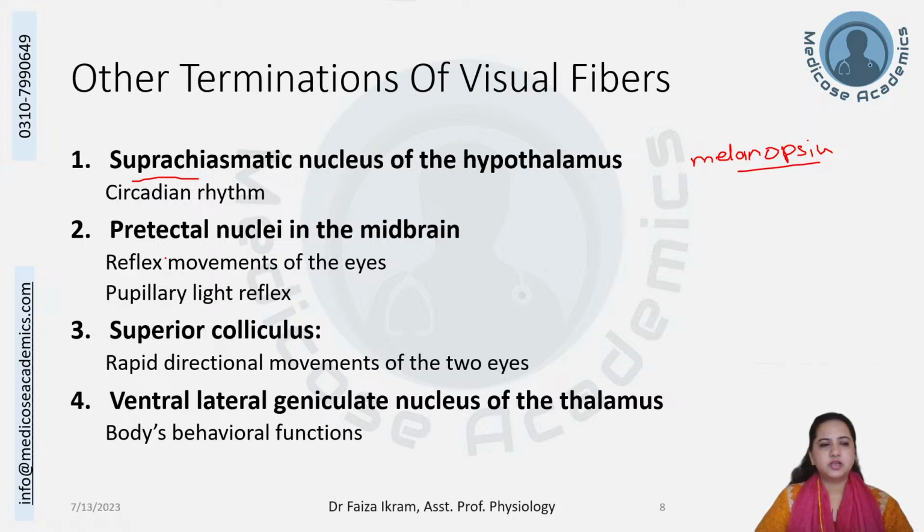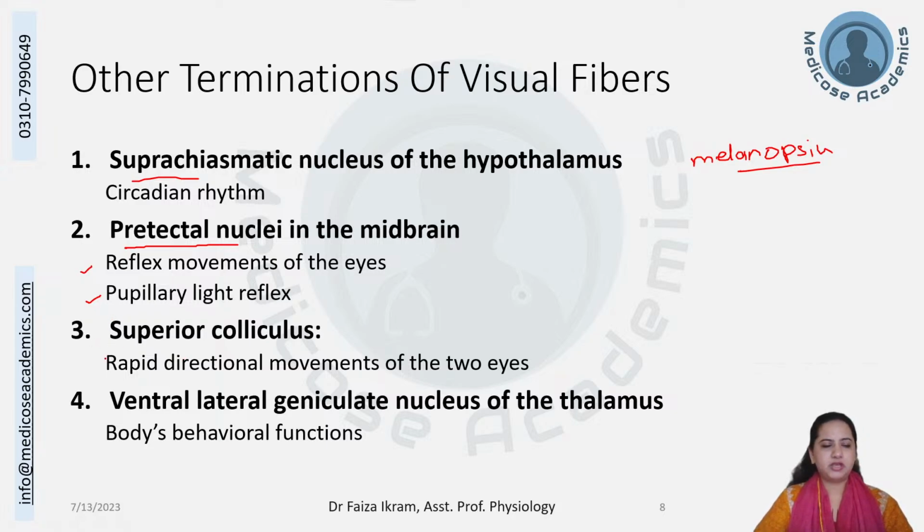Some of the fibers go to the pretectal nuclei at the level of the optic tract. The fibers leave and enter the pretectal nuclei in the midbrain. They are involved in, one, reflex movement of the eyes, and secondly, in the pupillary light reflex.